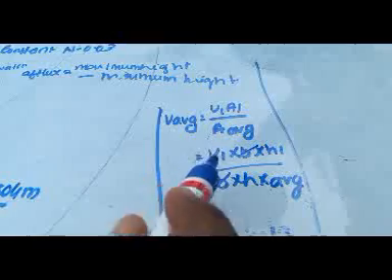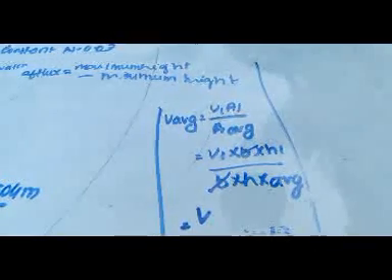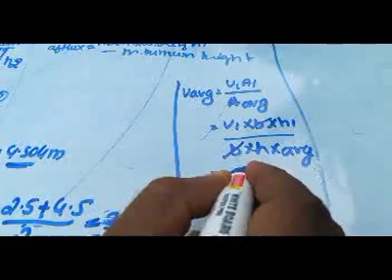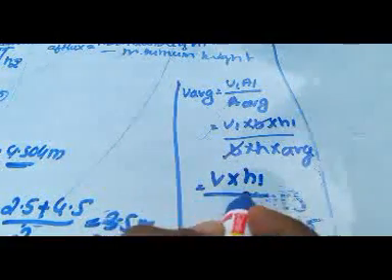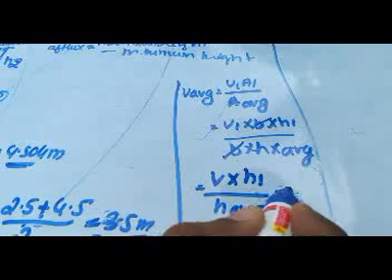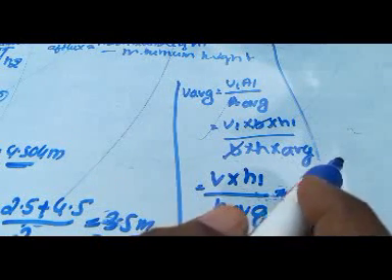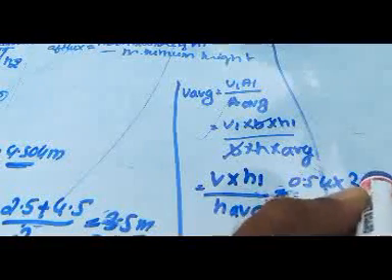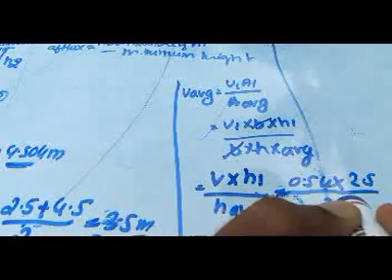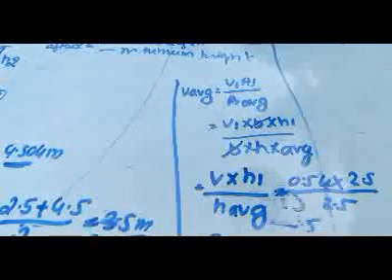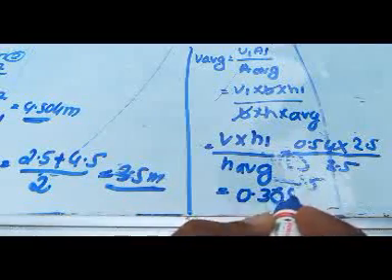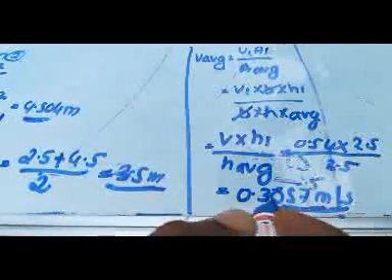B will cancel, so V average is V1 into H1 divided by H average, which is 0.454 into 2.5 divided by 3.5. So the answer is 0.3857 meter per second.